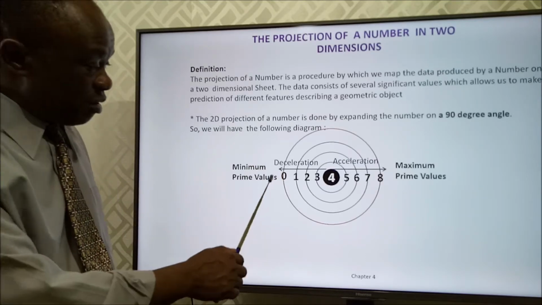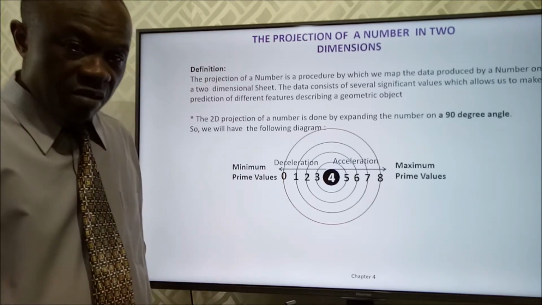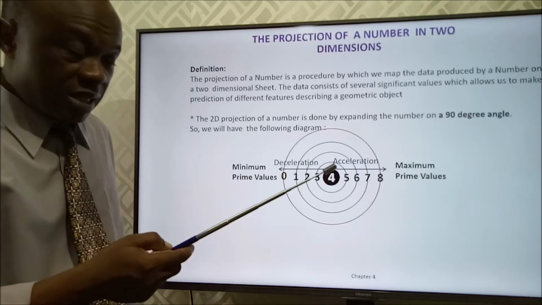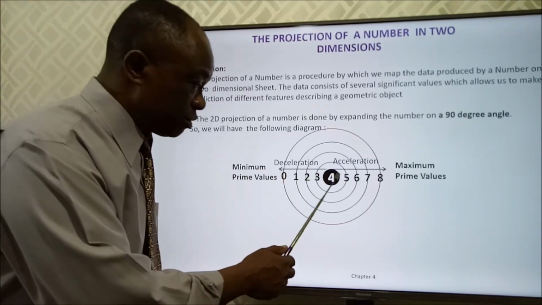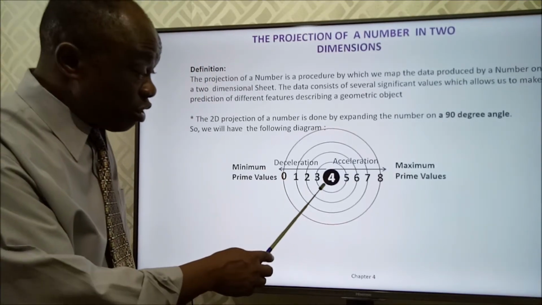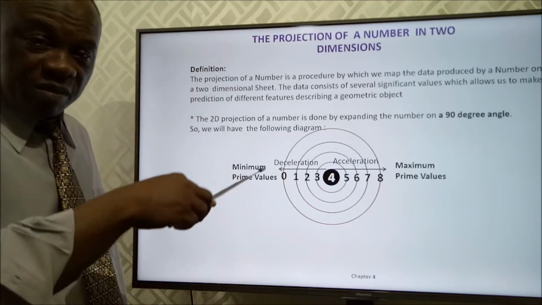Why do we have other values? It's because a number will move or will vibrate. So it will move not just from a level to another, but it will move also within the levels.